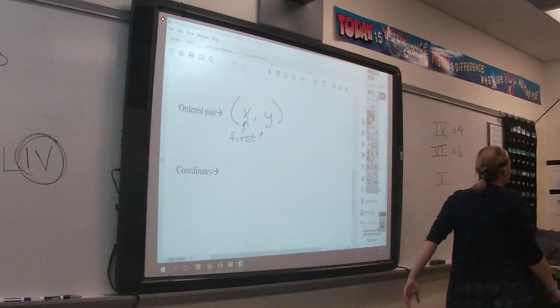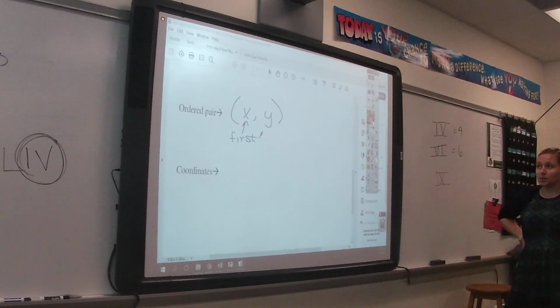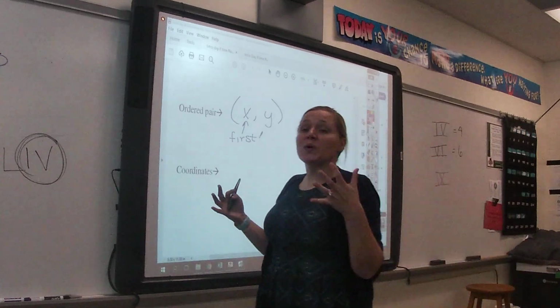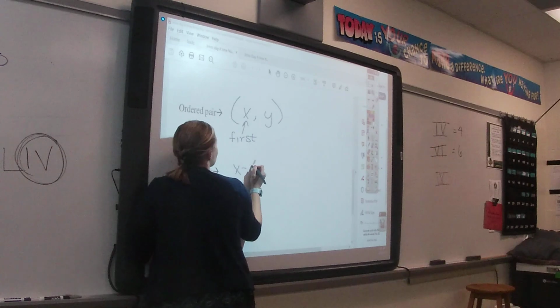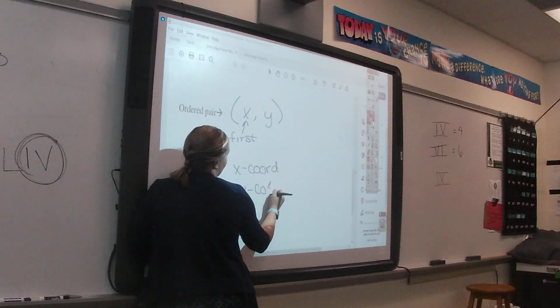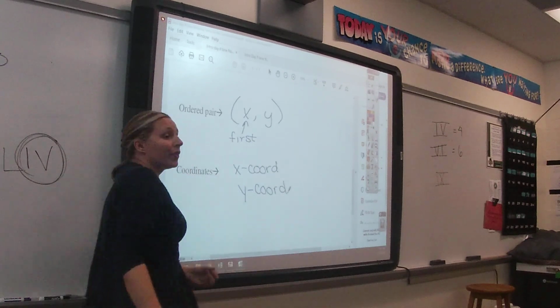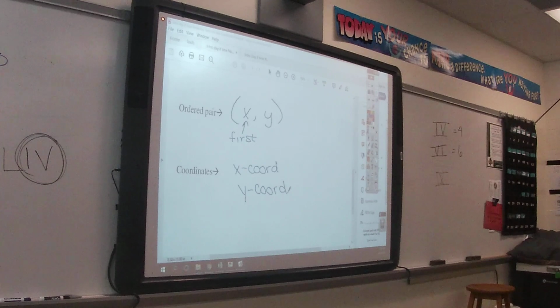X is always first, Y is always second. Those 2 pieces within it individually are our coordinates. So we have an X coordinate and we have a Y coordinate.